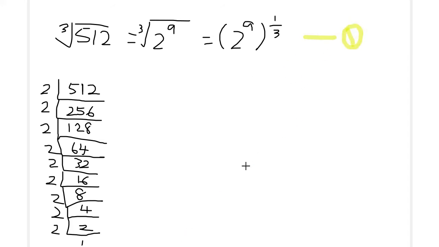And another way you can look at it is, you can say that this is equals to 2 to the power 3 and 3. So what does this mean? So we actually take out a 3 from this 9.